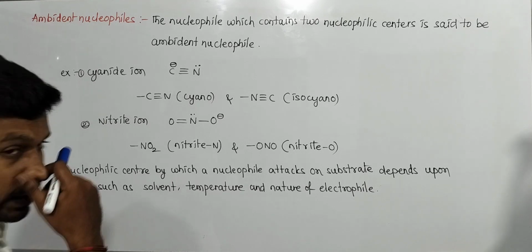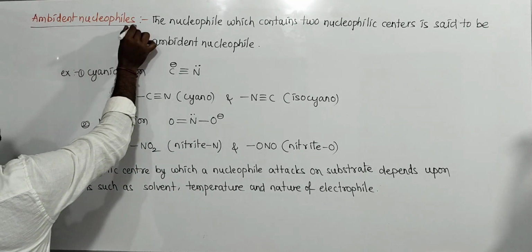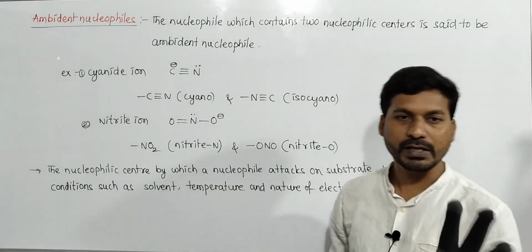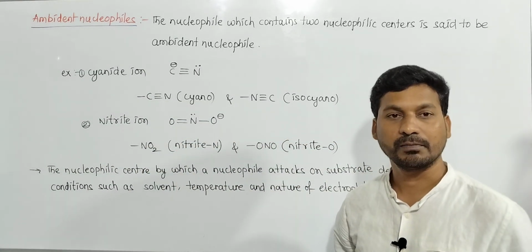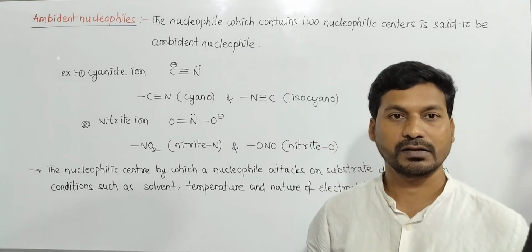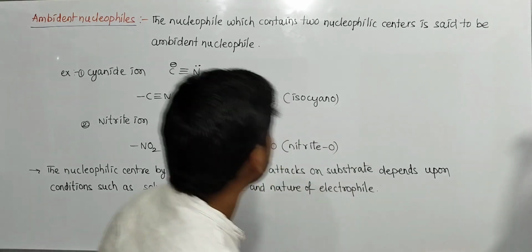In attacking reagents, the last topic is ambident nucleophiles. It is a separate category of nucleophile. One species has two nucleophilic centers, and with either center it can attack a substrate. Such attacking reagents are called ambident nucleophiles.